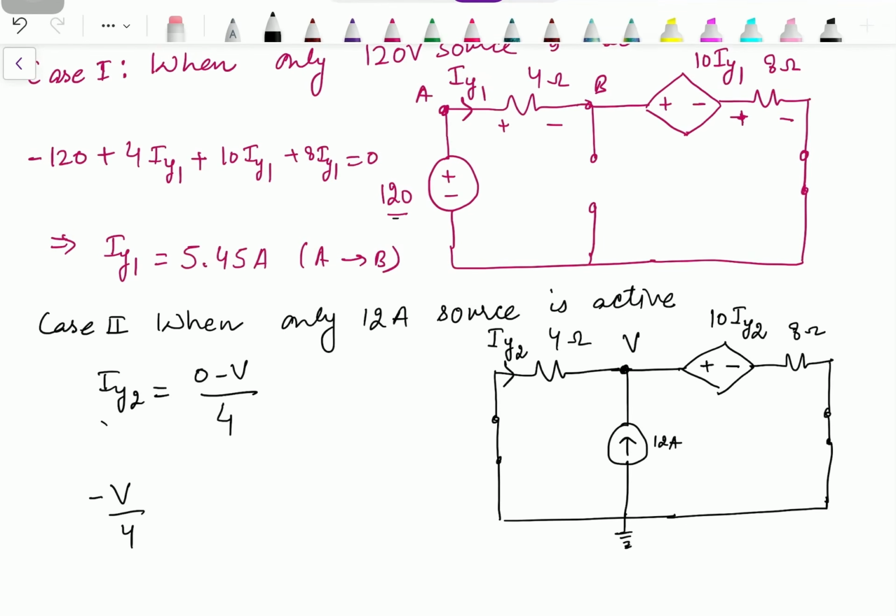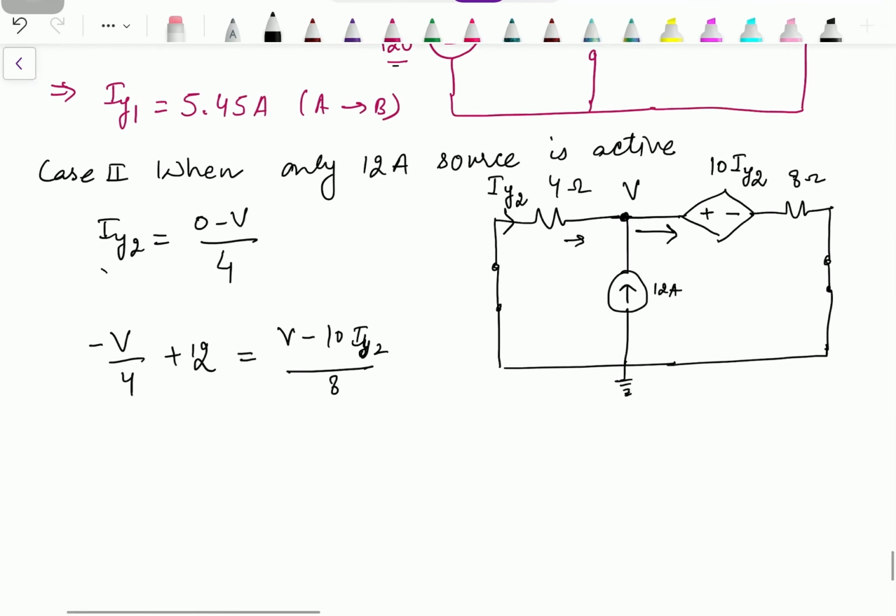So minus V by 4 is an incoming current, plus 12 ampere, again an incoming current. Let's assume this current is outgoing. It will be equal to V minus 10 times IY2, by 8. So minus V by 4 plus 12 equals V by 8 minus 10 by 8 into the value of IY2, which is minus V by 4.